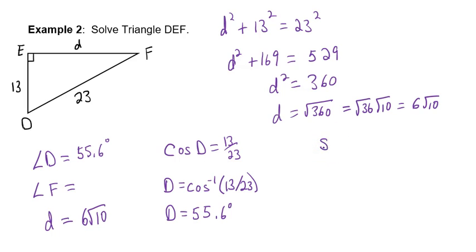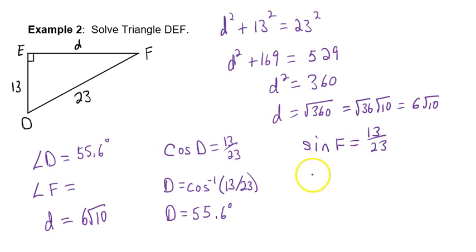Then finally, for F, we are going to be looking at 13 as being the opposite side because you can draw across from F to get the 13. And then 23 is still the hypotenuse. So opposite and hypotenuse go with sine, and so I'm going to solve this saying sine of F is 13 over 23.